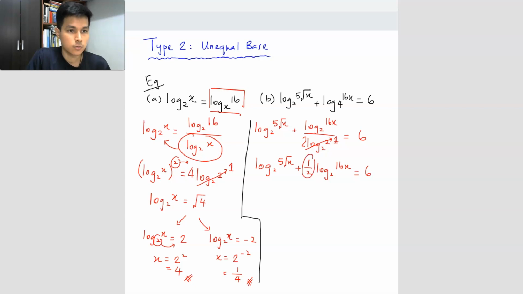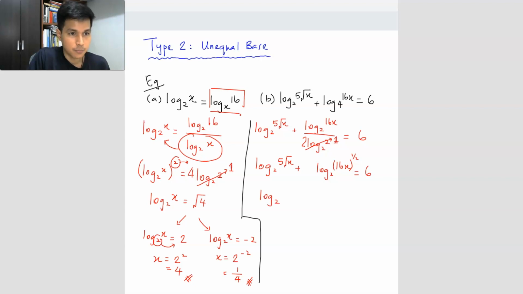Okay, so this 1 over 2 I can actually bring it in front here. So what happens is it becomes power 1 over 2. So this whole thing power 1 over 2. Why do I do this? Because now that they are the same base, I can put them together. So it becomes log base 2.